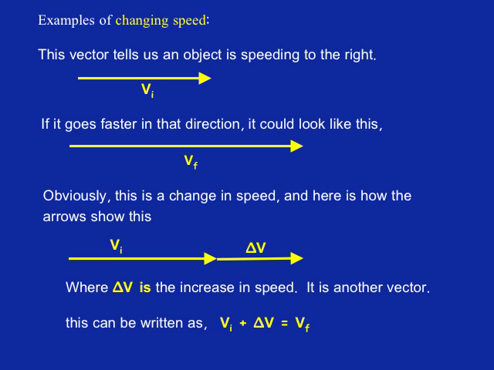So this would be the vector addition, v initial plus delta v, equals 30, for example, plus 20 equaling 50 miles per hour in our example. We've added these v initial and delta v vectors head to tail to sum to the final velocity vector, whose length is the same as the sum of the v initial plus delta v.